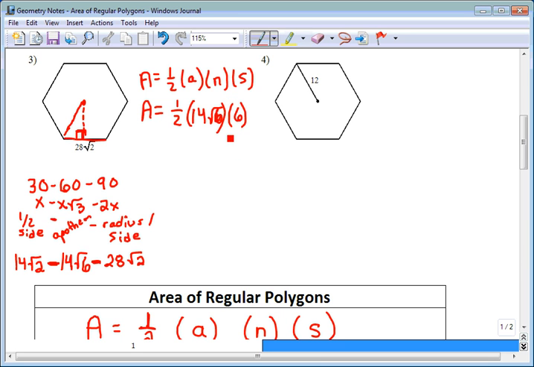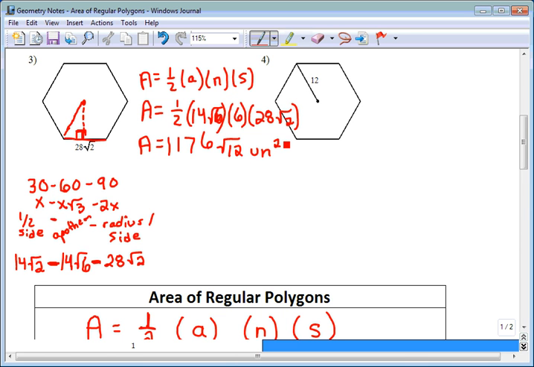And each side length is 28 radical 2 units. So when I punch this in my calculator, I receive 1176 radical 12 units squared.